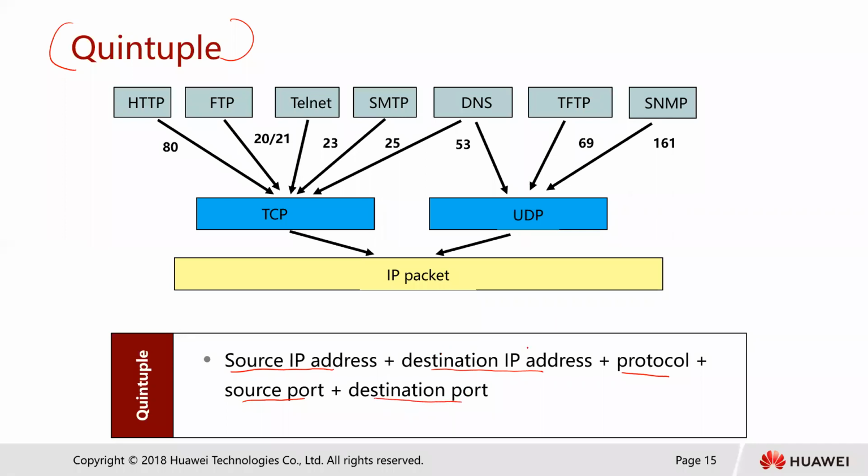Now, these five things that we're seeing here are what make up our quintuple. So the destination port: generally, well-known application services have standard ports, such as HTTP. Who knows the port for HTTP? Oh, of course, it's already here.